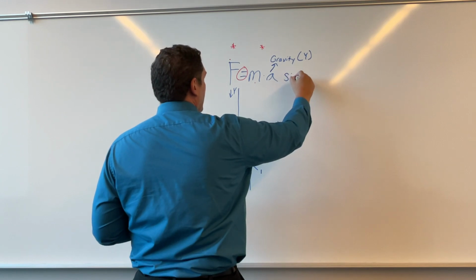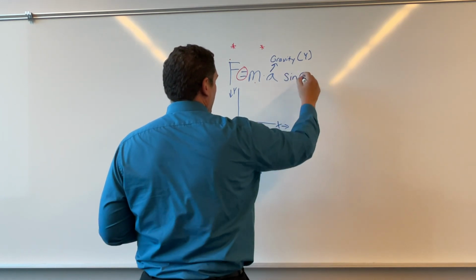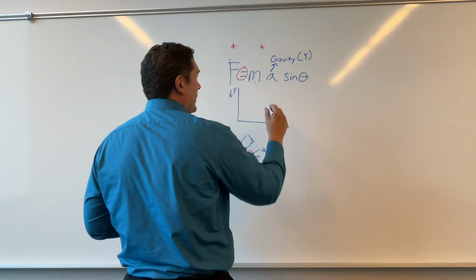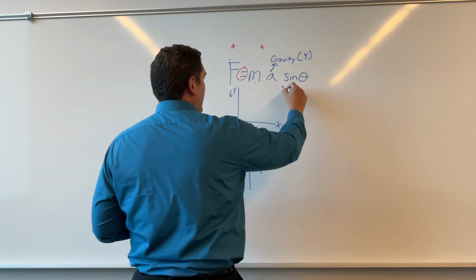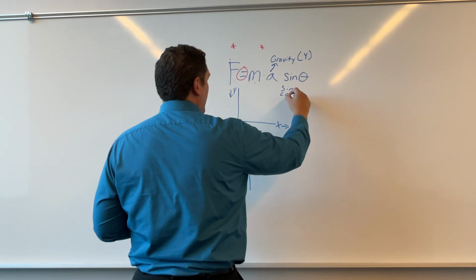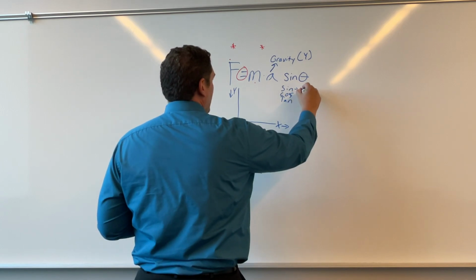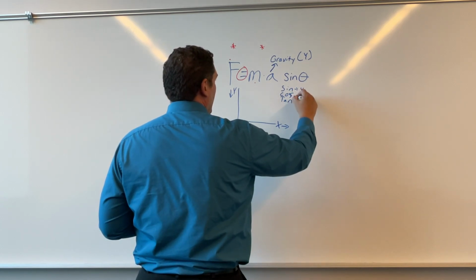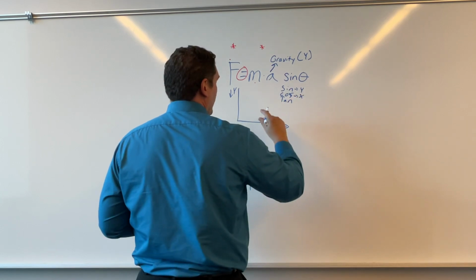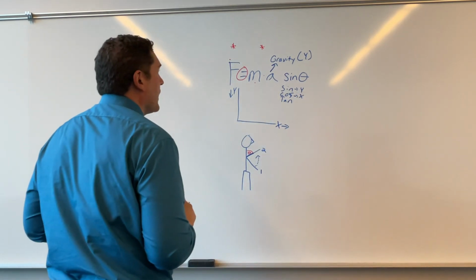sine of theta, okay? I'm going to take it way, way back to geometry. Remember sine, cosine, and tangent. Sine is going to be my y direction, cosine is going to be my x direction, and we're not going to worry about tangent for right now.